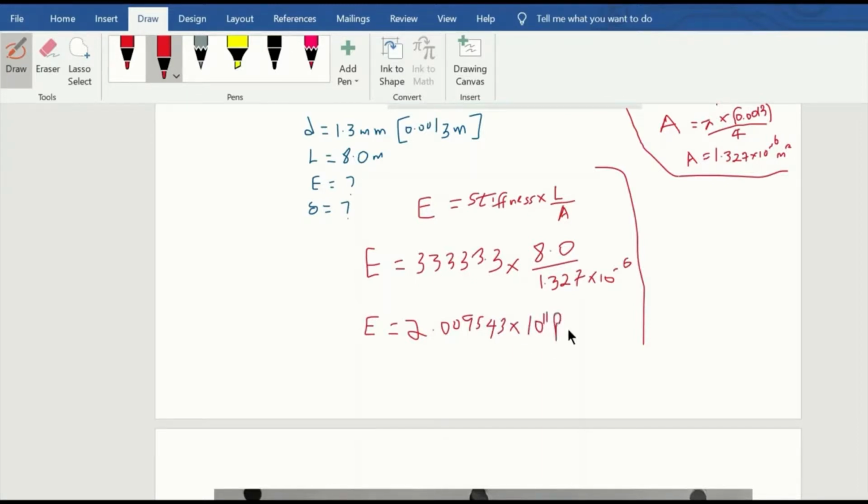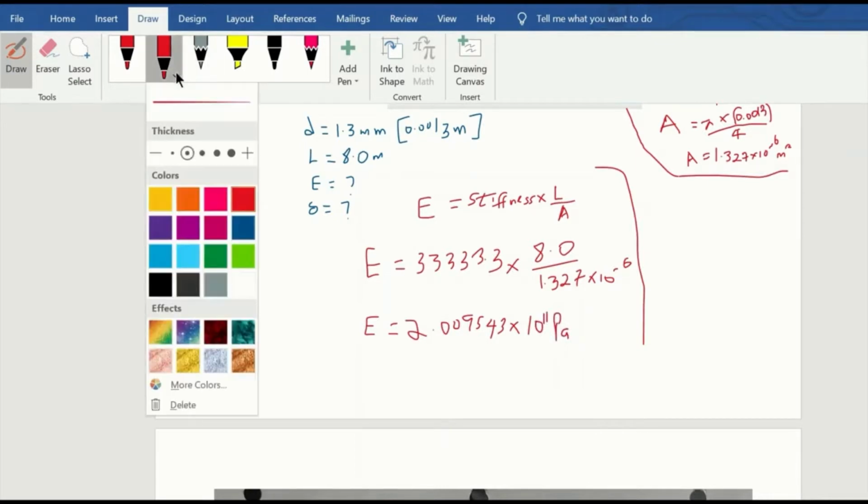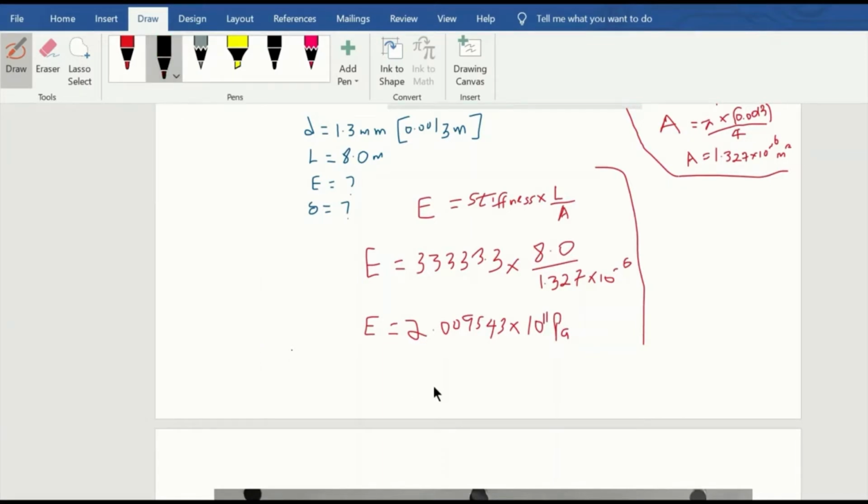Now we can convert this to gigapascal. How do we convert this to gigapascal? I know that gigapascal is 10 to the 9, so I can move these points backwards. 1, 2, that becomes 201 times 10 to the minus 2 times 10 to the power 11.